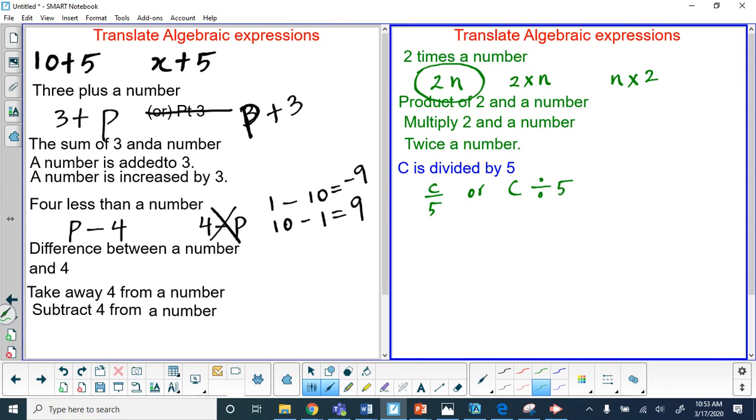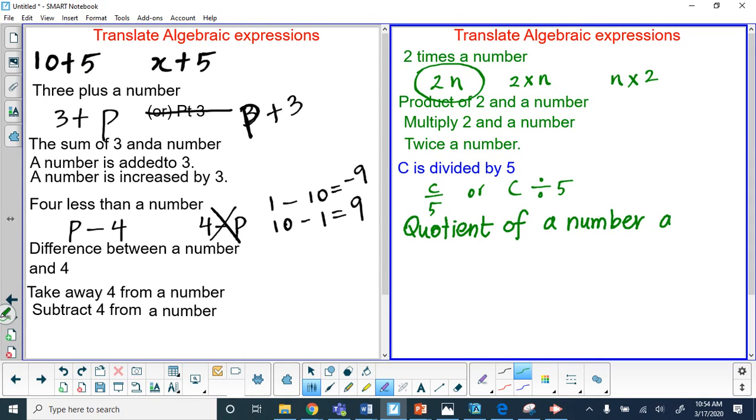Now verbally this can be explained or described as the quotient of a number and 5, or the ratio of a number and 5.